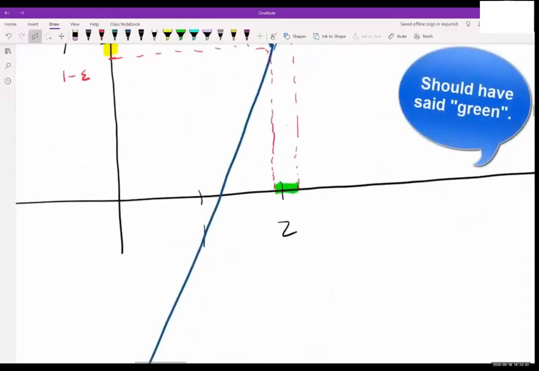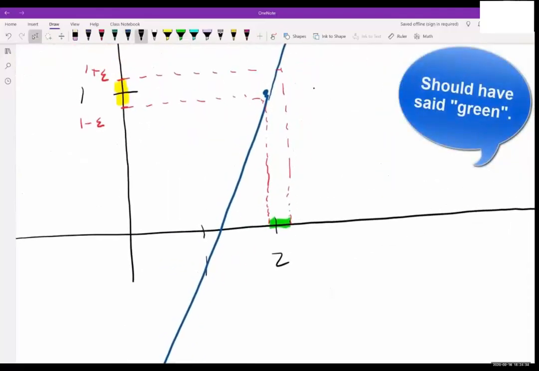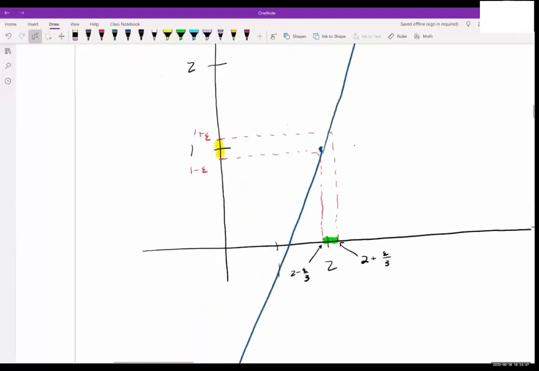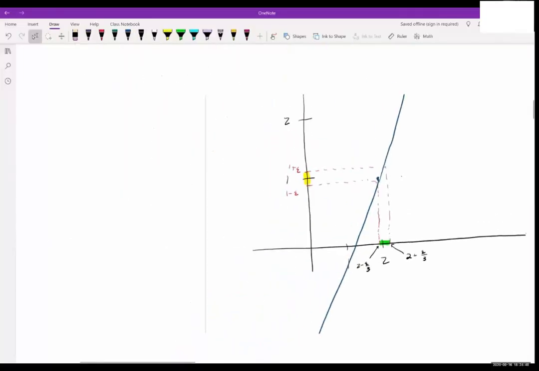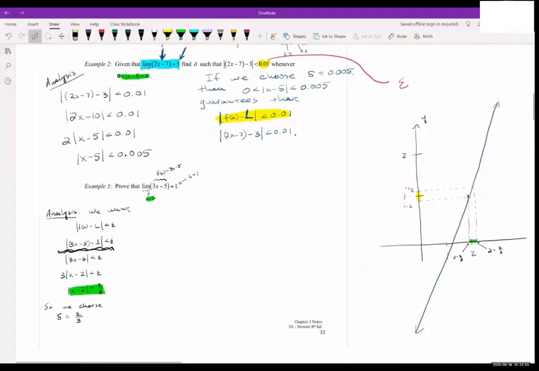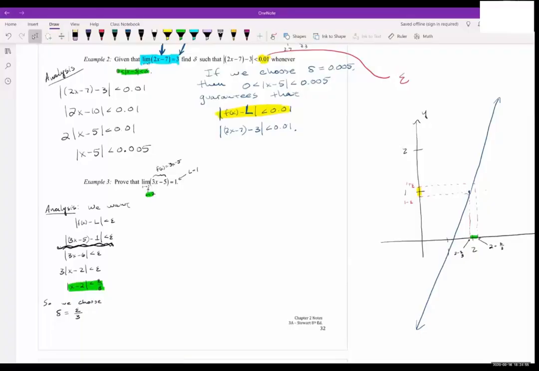And what we just discovered is to make this work, we need that to be 2 plus epsilon over 3, and that to be 2 minus epsilon over 3. Okay, that's what we just did. We just noticed from the analysis portion that if we choose our delta to be epsilon over 3, then we can do all of this algebra backwards and we'll be inside the little yellow region.